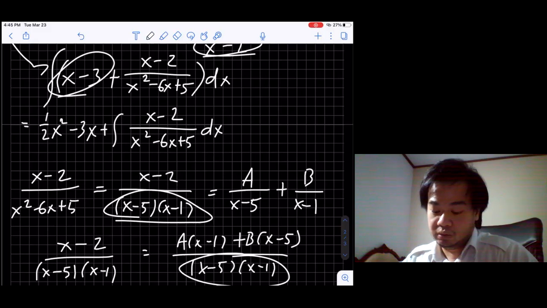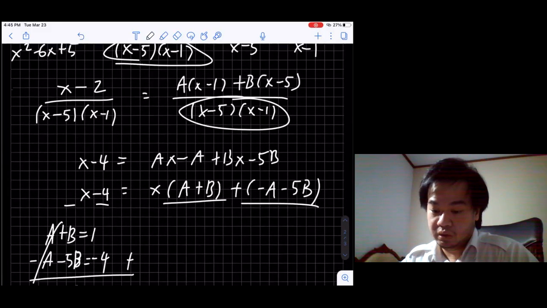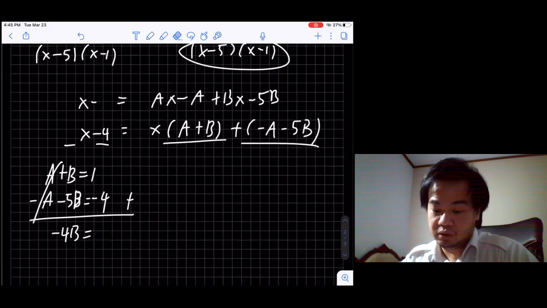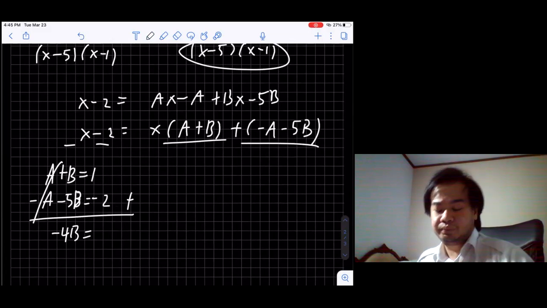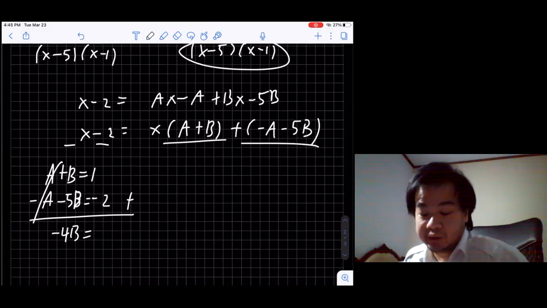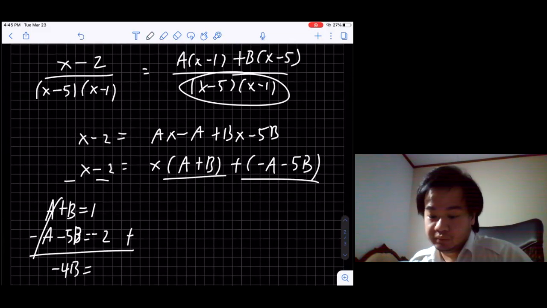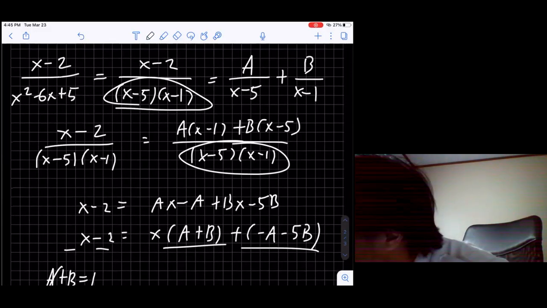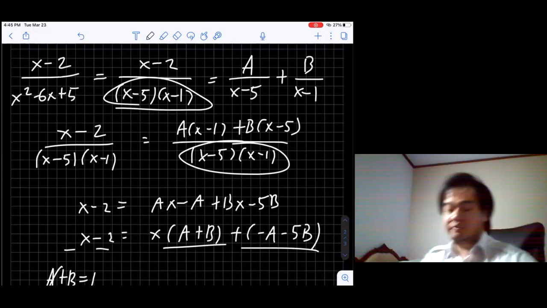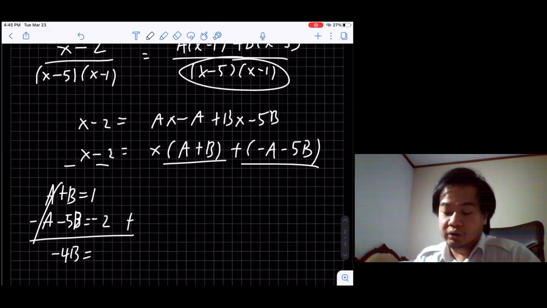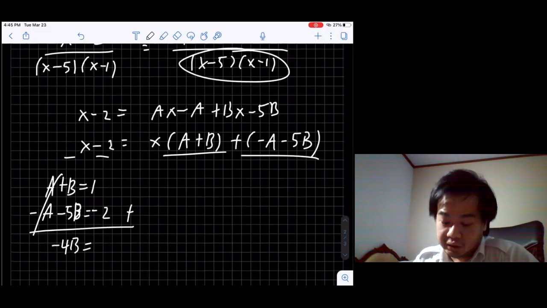So the constant is minus 2. Is it right? Yes, it's right. Okay, so addition cancels, so it's negative 1.